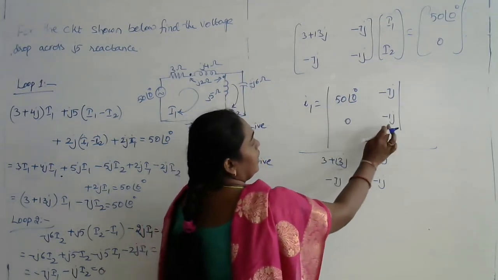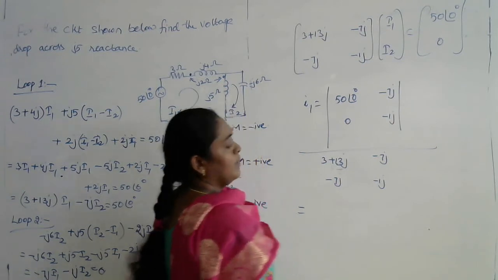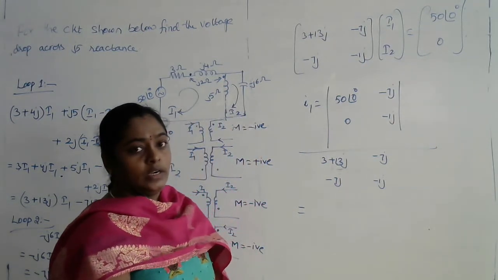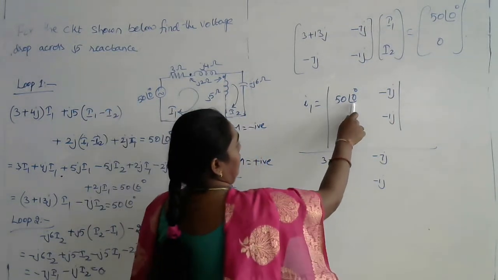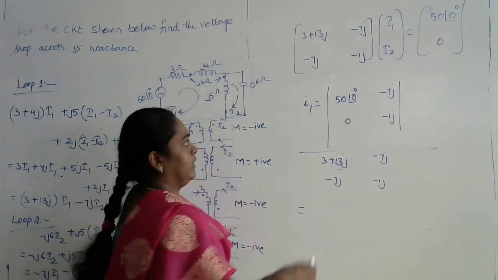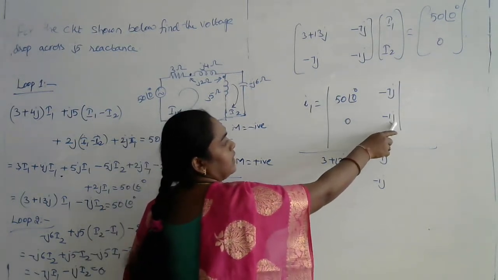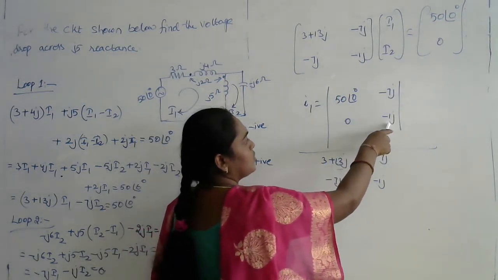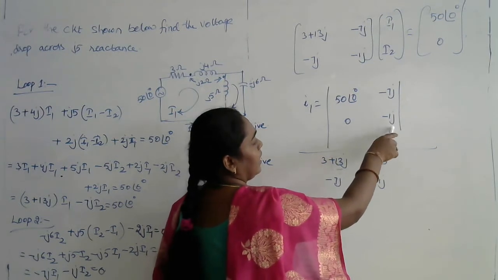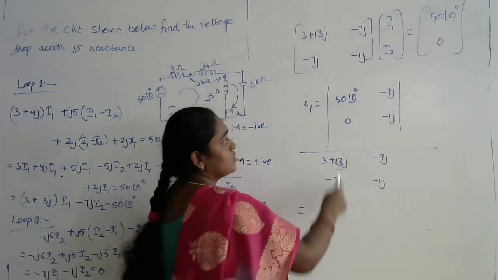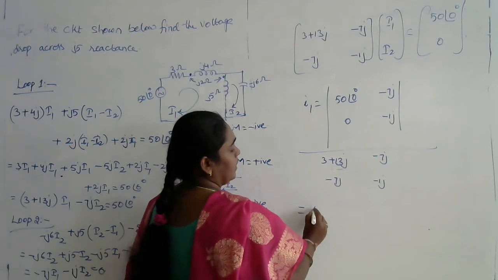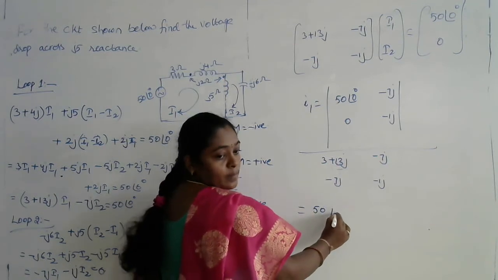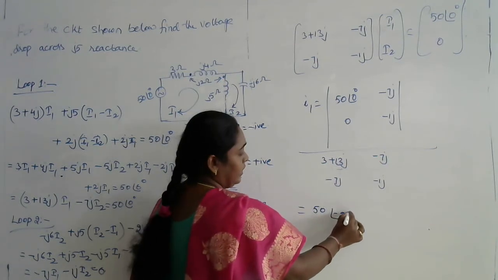So here 50 into minus 1, we need to consider this also in the rectangular form. So this can be written as 1 angle minus 90 degrees. If you multiply these two, you will be getting 50 angle minus 90 degrees.